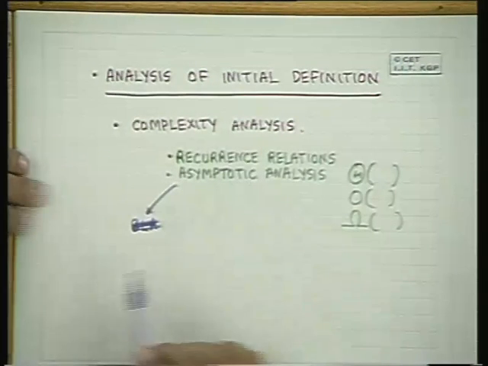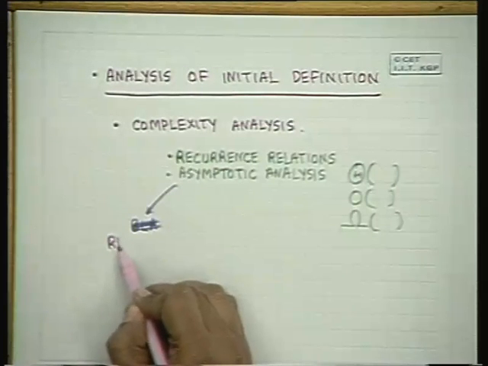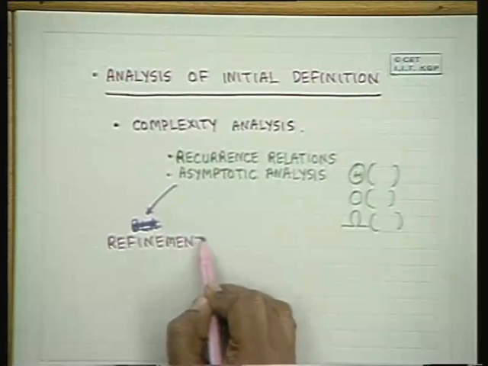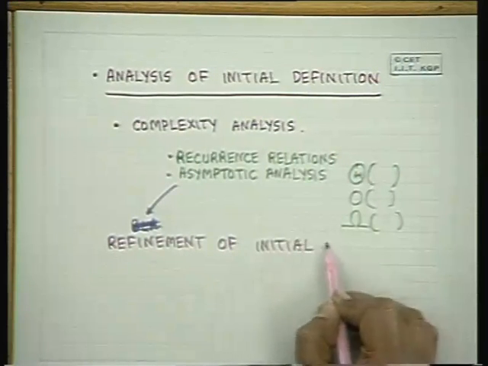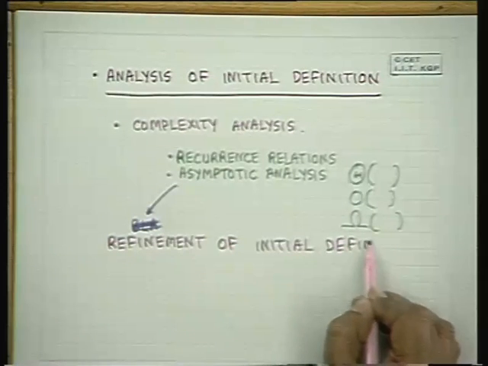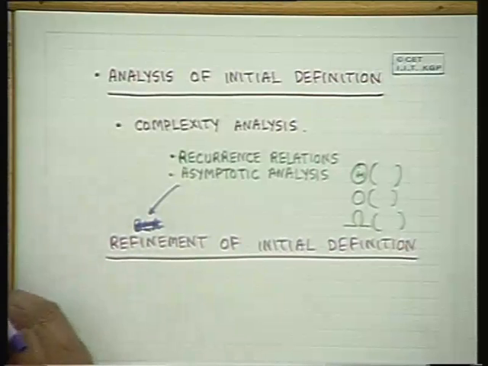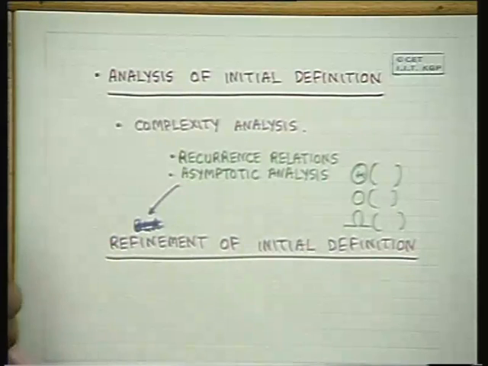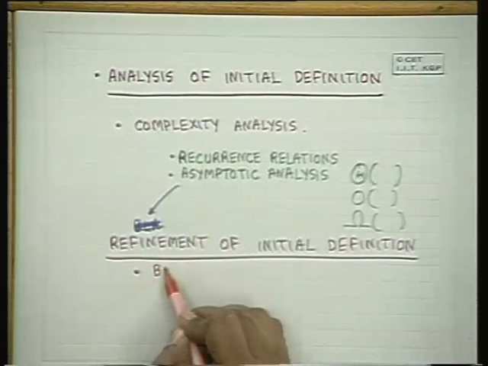So based on this analysis of the initial definition, we moved on to the concept of refinement. In refinement of the initial definition, we saw how to modify the initial definition to obtain better solutions. One of them was balancing the split.